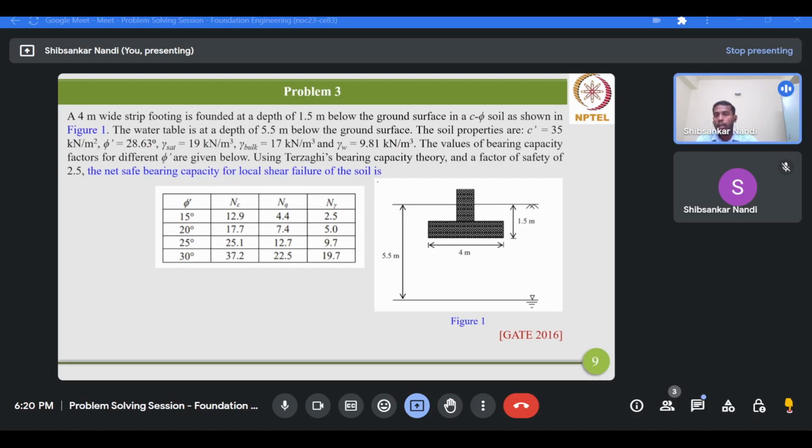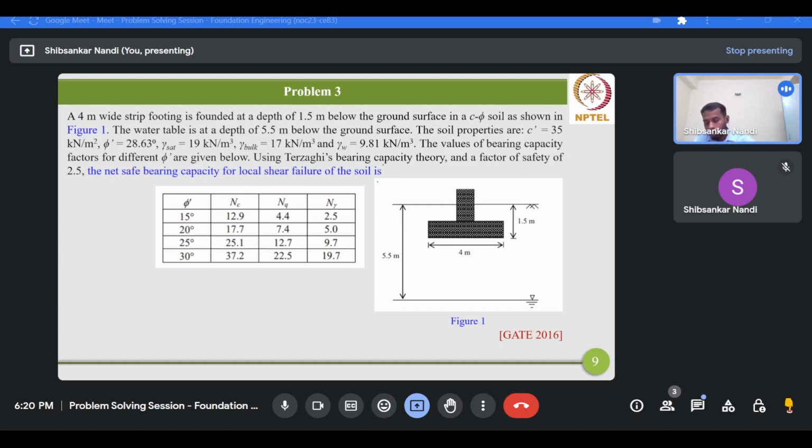The values of bearing capacity factors for different phi are given below. Using Terzaghi's bearing capacity theory and a factor of safety of 2.5, the net safe bearing capacity for local shear failure of the soil is.